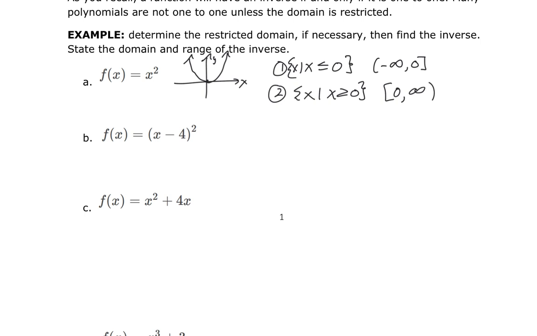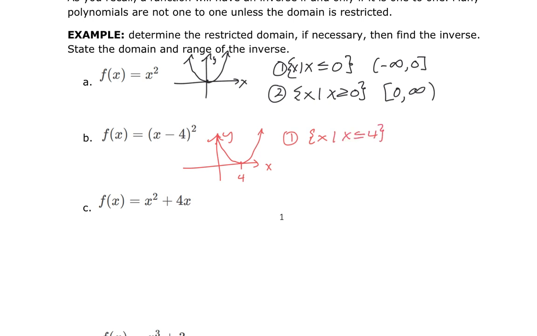Part B here, we know here is y and here is x. We know from the transformations of graphs this has been moved over to 4. So it's going to look something like this. And so we're going to restrict the domain. We can take the left side, so x such that x is less than or equal to 4.